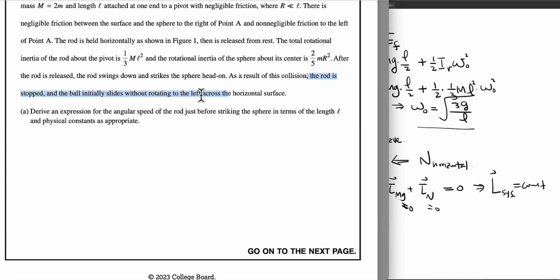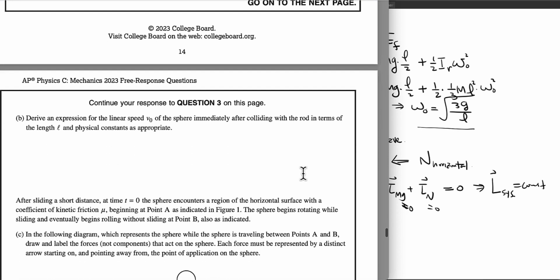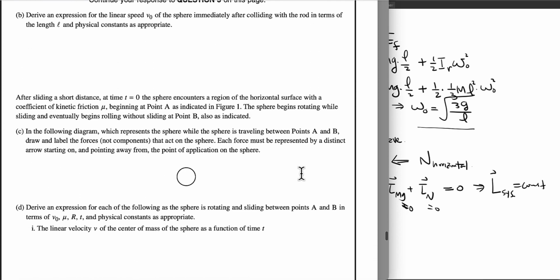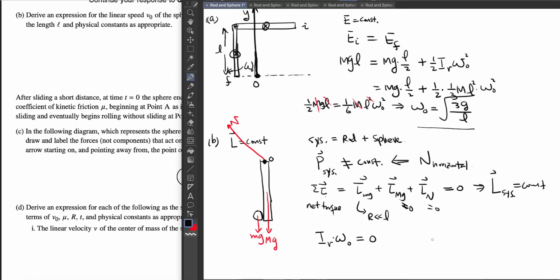The only angular momentum is due to the sphere's linear speed v0, with the length L here.